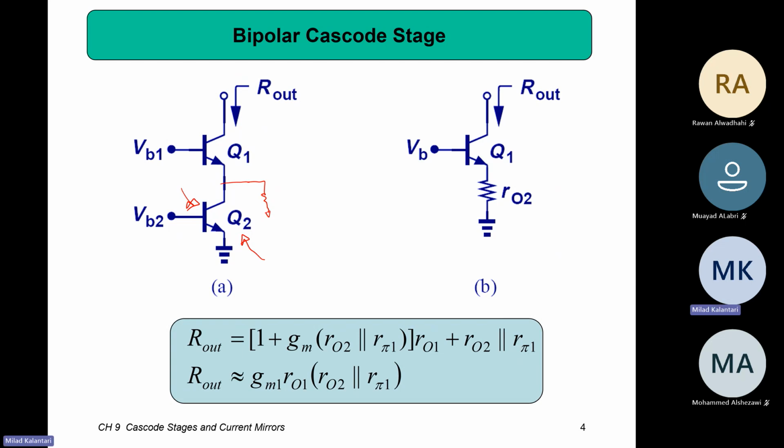So the model for this transistor, the small signal model, you need to just make this bias voltage grounded, right? And what we are left with is just the R out of the device, basically. The Q2 is just some output resistance left over. And then you can again calculate the R out of this config, right? So this is the equation.